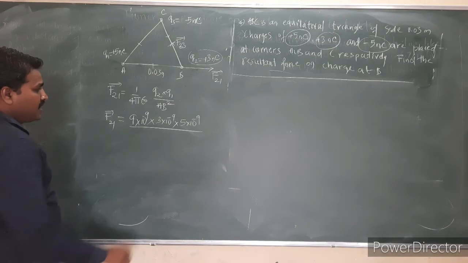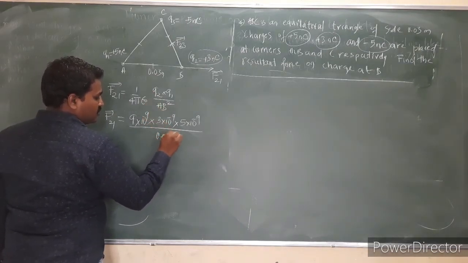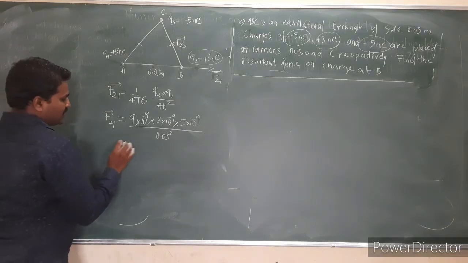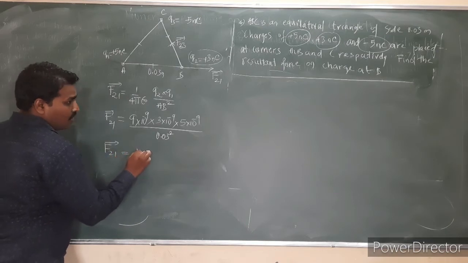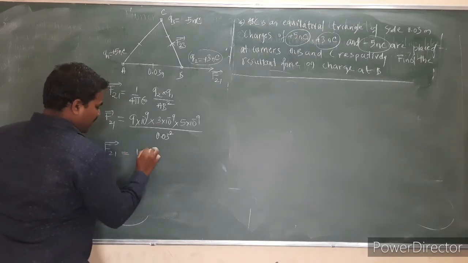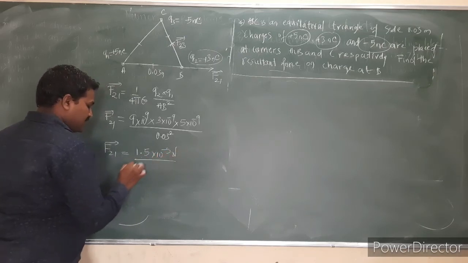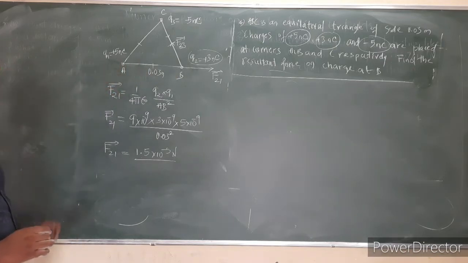So substitute AB squared equal to 0.03 squared. By simplifying these numerical values, F21 is equal to 1.5 into 10 to the power minus 5 newtons. This is the force acting on charge Q2 because of charge Q1.